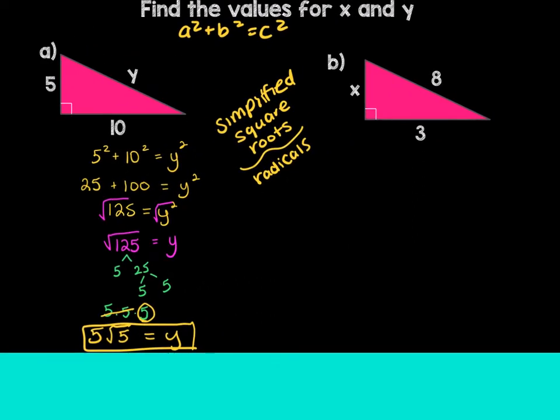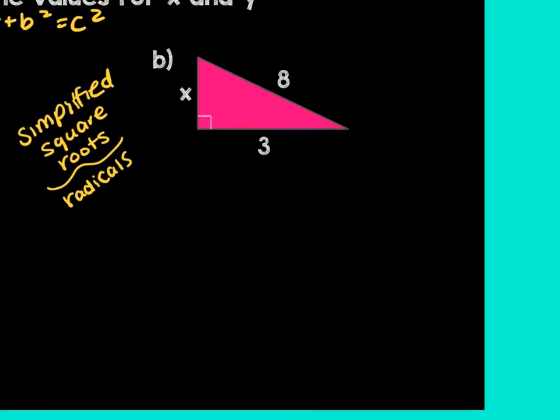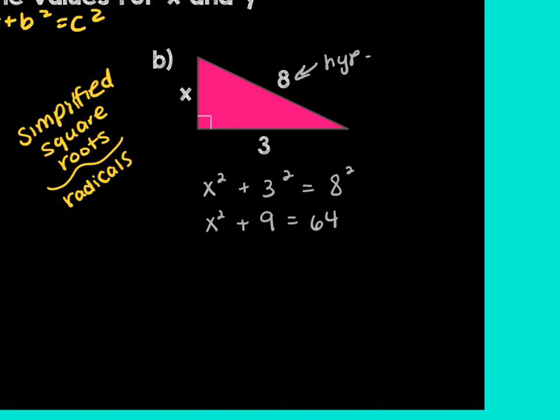Okay, let's look at B. So what I'm given this time is x is a leg, 3 is another leg, and 8 is the hypotenuse. So I would say x squared plus 3 squared equals 8 squared. X squared stays x squared. 3 squared is 9. 8 squared is 64.